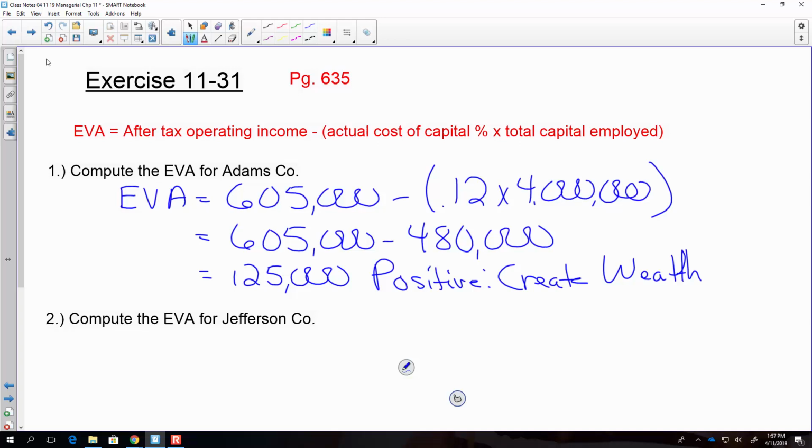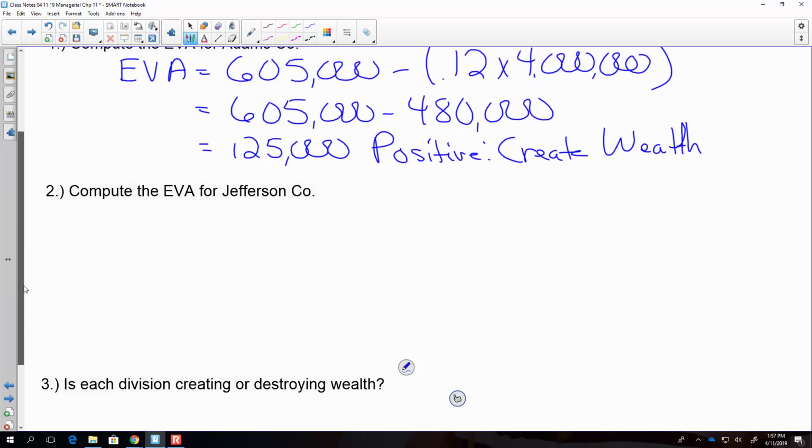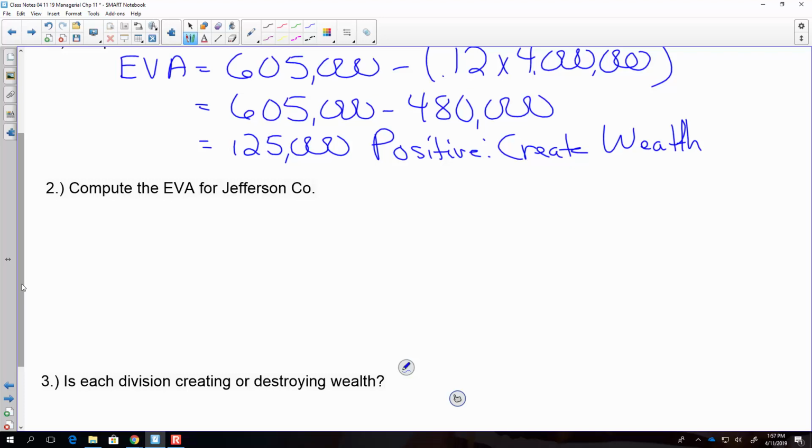Let's look at Jefferson. They are at an EVA computation of 315,000 minus, again, the 12% cost of capital.